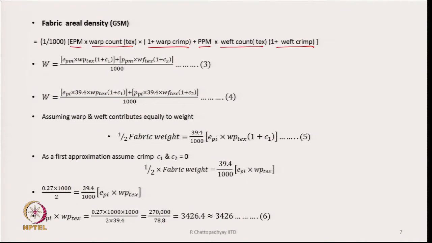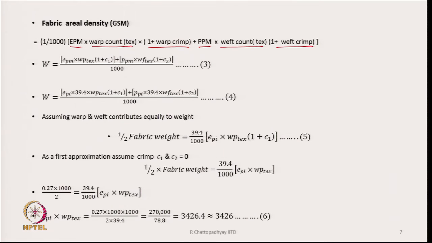This is a very standard equation which you will find in many textbooks also. So, we are writing the same thing, fabric areal density like this. Then we are writing it in terms of EPI, as EPM is changed to EPI, and therefore, a constant 39.4 is coming over here. The equation otherwise is same.